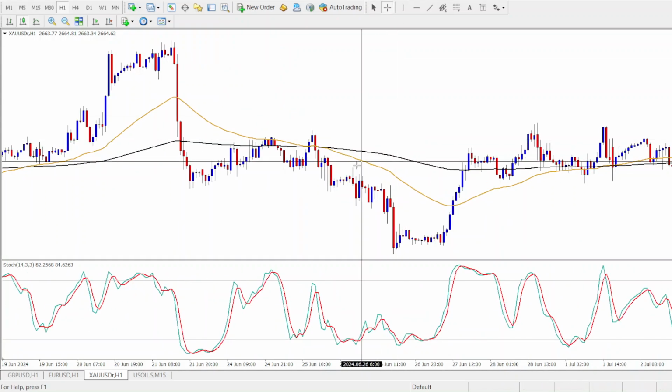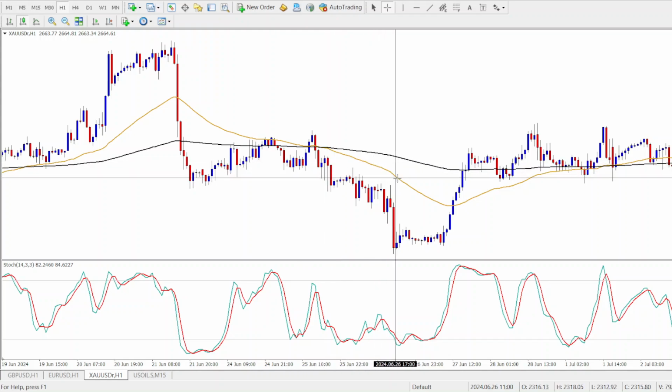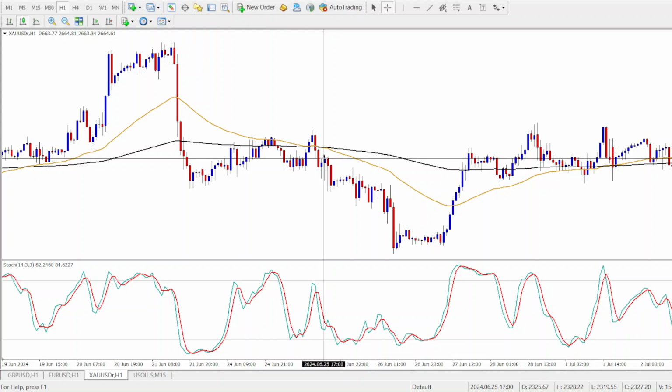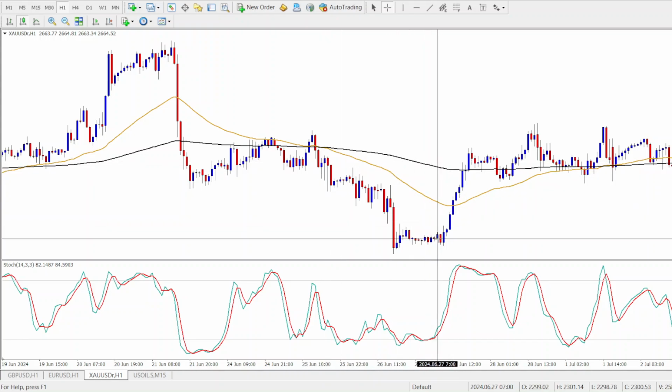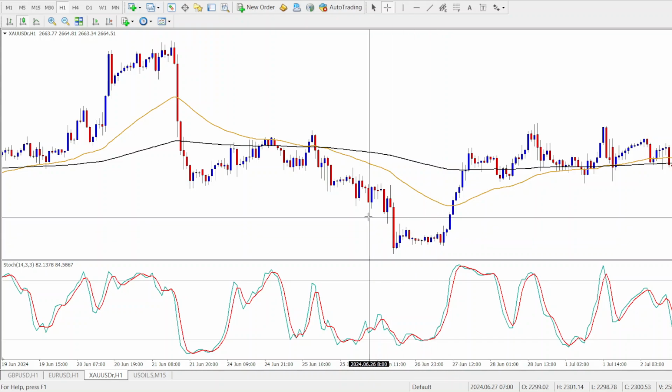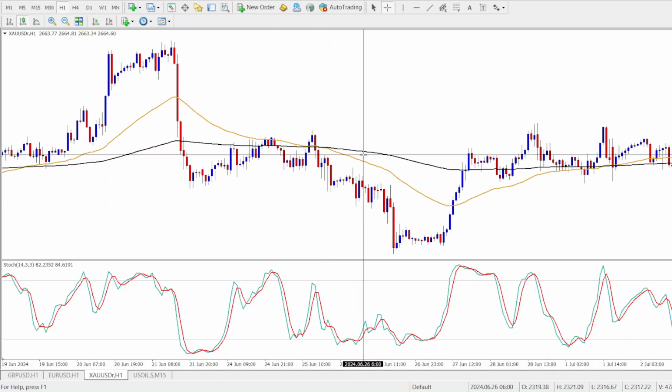So we had a sell for a while, from this point, 17 o'clock, 25th of June, until 27th of June, 8 o'clock. So about 2 to 3 days of selling.